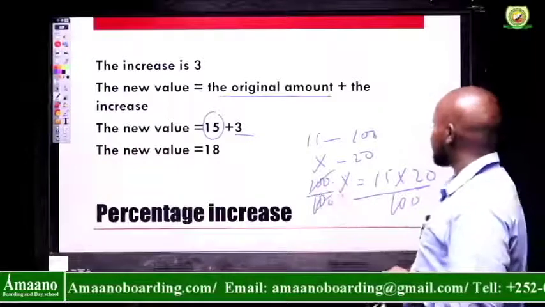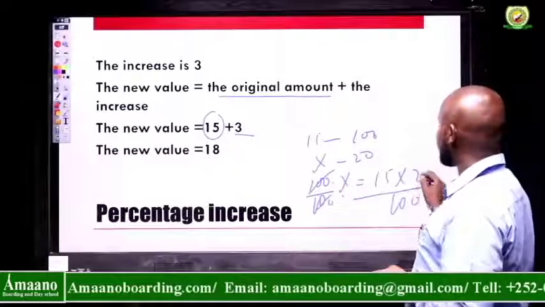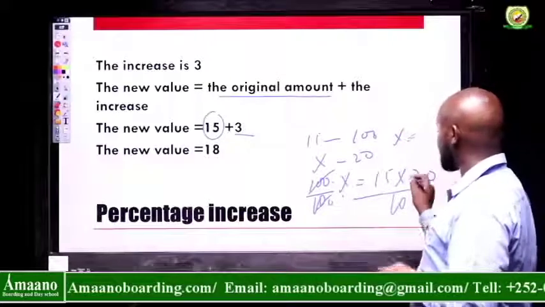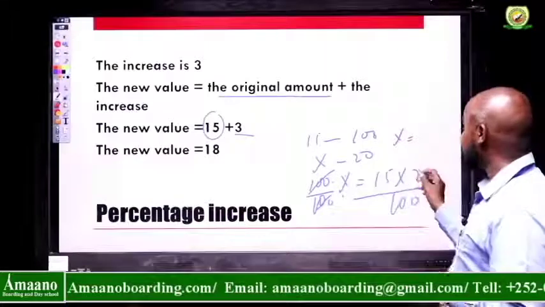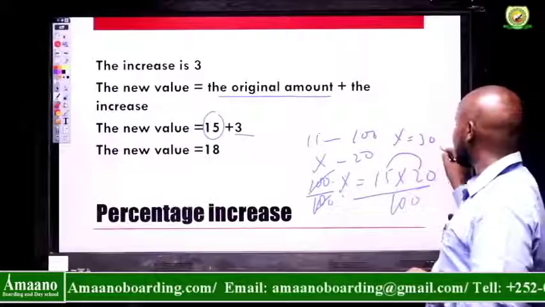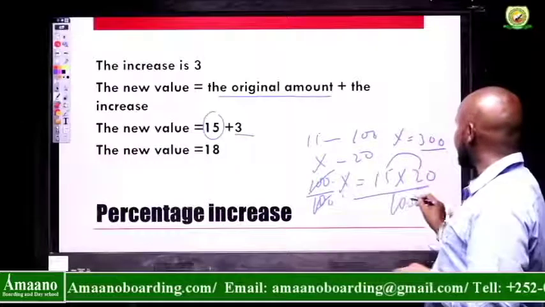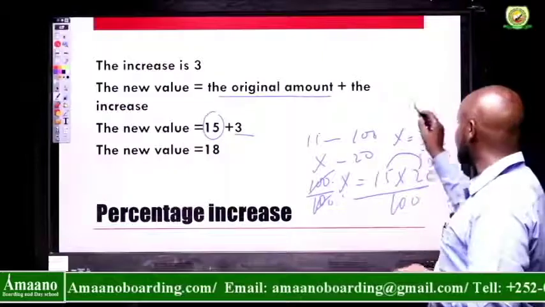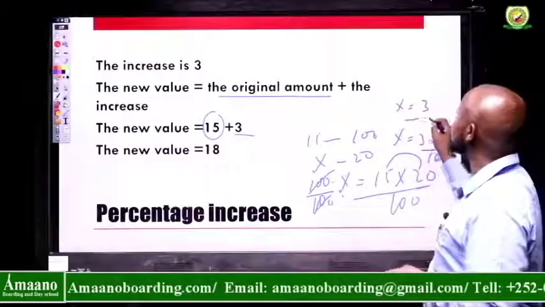Now 15 times 20 is 300. First multiply 15 times 2, which is 30, and you add the 0, 300, right? 300 divided by 100. So our x is 3.